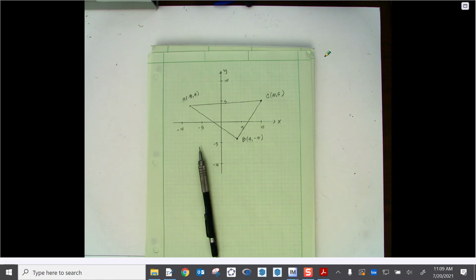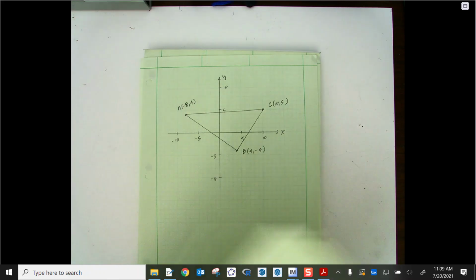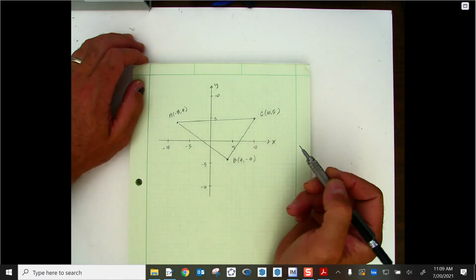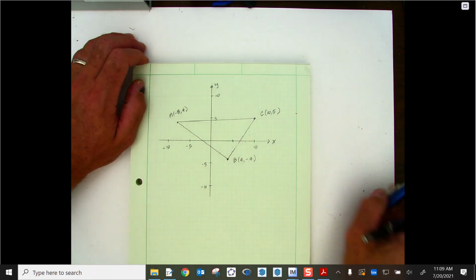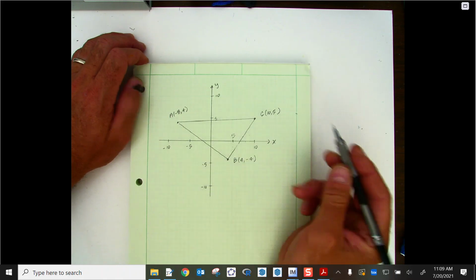So I have here at the ElmoCam a picture of the triangle. At first glance, it really looks like a right triangle, but it's hard to tell for certain that the angle is a right angle. Perhaps it could be, or perhaps it could be 89.5 degrees and this thing is actually acute.